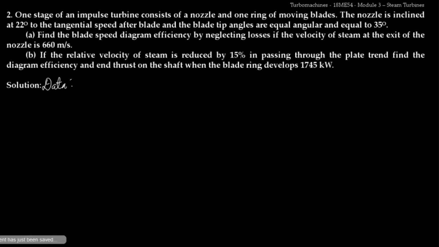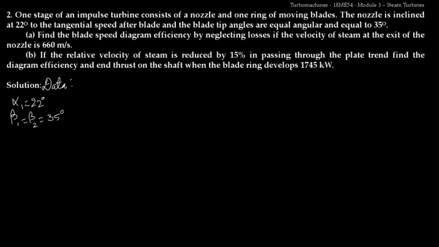First, he says that it is an impulse turbine consisting of a nozzle and one ring of moving blade, and the nozzle is inclined at, that is alpha 1 is 22 degrees, and the blade tip angles are given and they are equal, that is beta 1 is equal to beta 2 and that is given as 35 degrees.